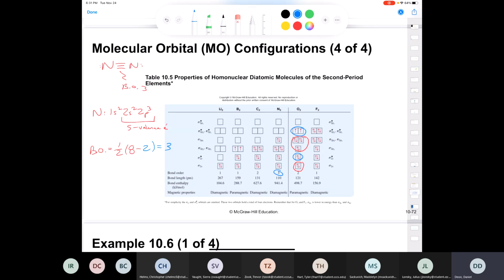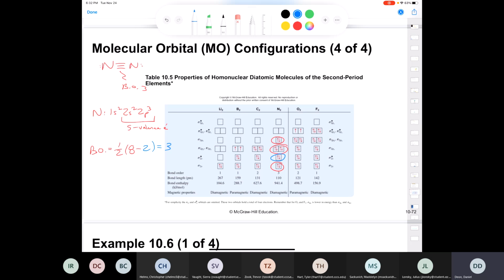My bond order is 3, and that explains the triple bond. Was I circling the oxygen when I was supposed to be circling the nitrogen? Anyhow, you still get the same answer. Let's do the bonding again: 1, 2, 3, 4, 5, 6, 7, 8. That's good. And then I have 1, 2 in antibonding. There's my mistake corrected.